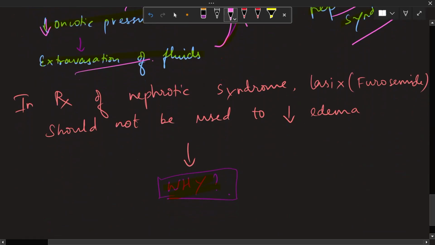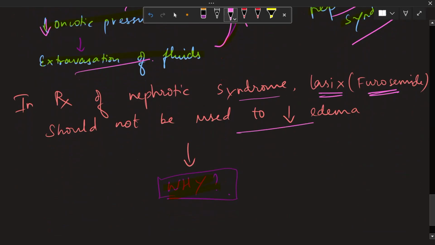And here is one question for the viewers. In treatment of nephrotic syndrome, Lasix, that is furosemide, should not be given to reduce edema. So generally we know that in case of edema we should give furosemide, but in nephrotic syndrome induced edema, that is edema due to nephrotic syndrome, we should not use furosemide.